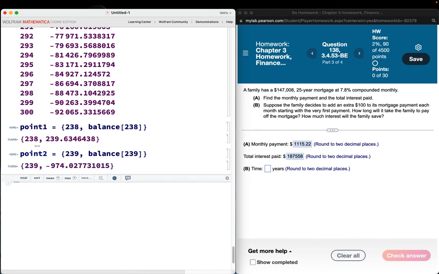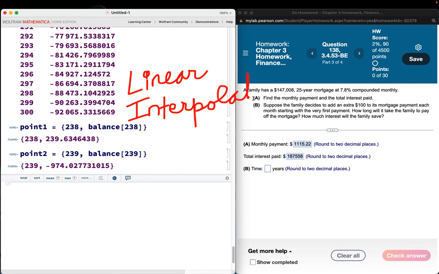And we want to find, it's called linear interpolation.